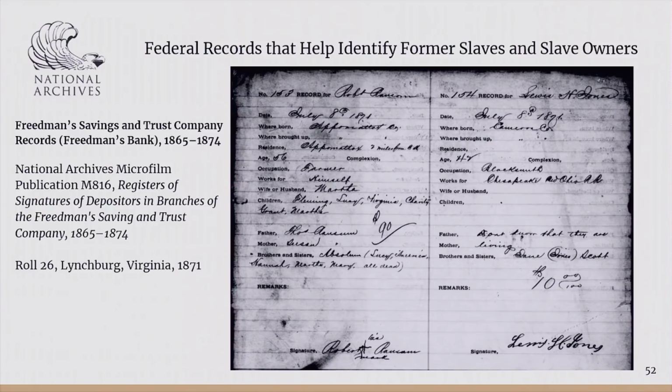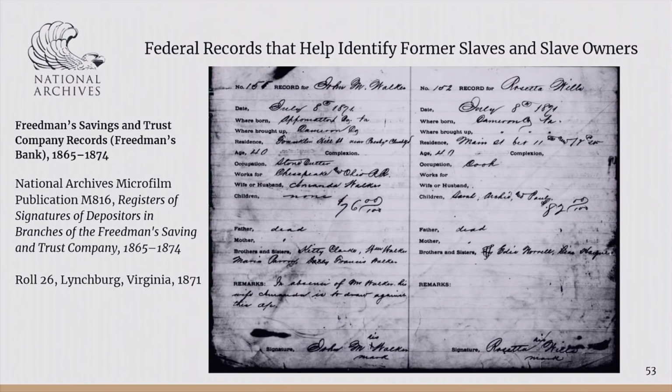On the right is Lewis H. Jones from Cameron, Virginia, who has a whole lot less information. He says he doesn't know whether his parents are living, and he apparently doesn't have a spouse or any children. So a lot less for him.